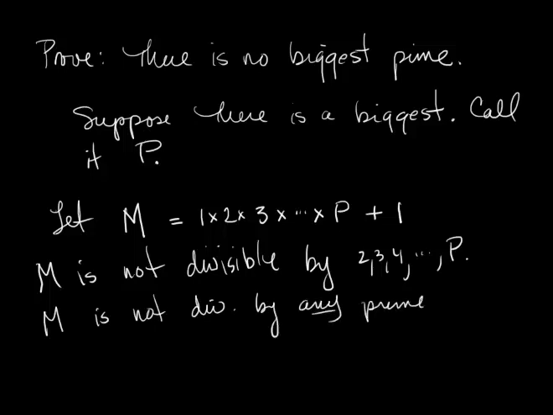Based on our assumption that there is a biggest, we were able to create a number that is not divisible by any prime. Well, if this number M is not divisible by any prime number, then M must be prime, the number we made. Must be prime itself.